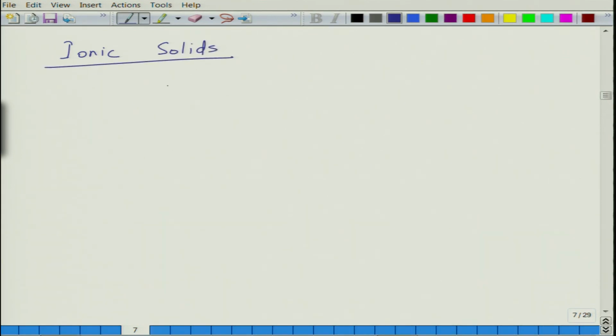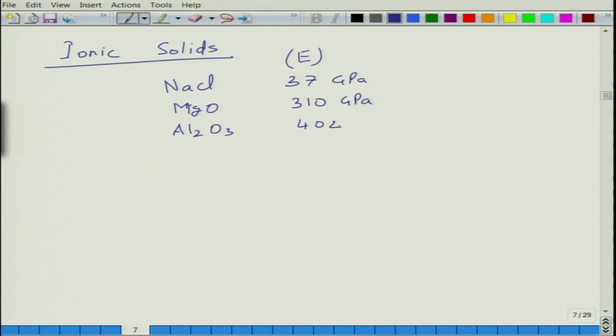within ionic solids, if you look at examples of NaCl, NaCl has a value of E which is 37 GPa. NaCl's melting point is lower. If you look at something like magnesium oxide, which is high melting point, its modulus is 310 GPa. If you look at Al2O3 alumina, it has a modulus of 402 GPa.